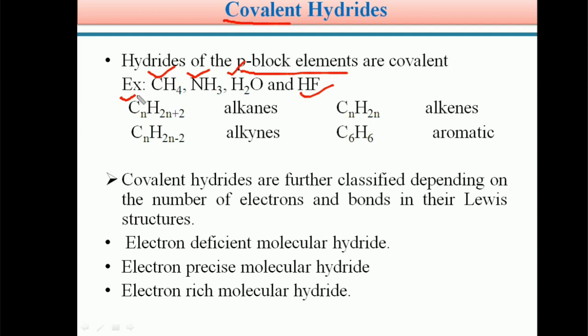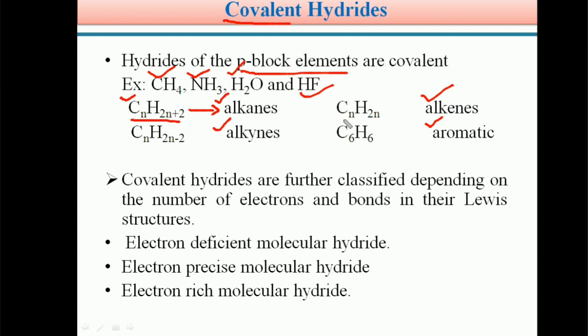These hydrocarbons are classified as alkanes, alkenes, alkynes and aromatic hydrocarbons based on their general formula. If the hydrocarbon has the formula CnH2n+2, these are called alkanes.